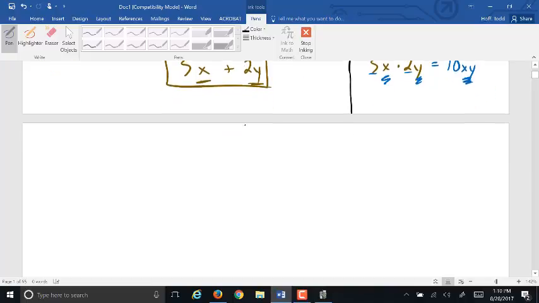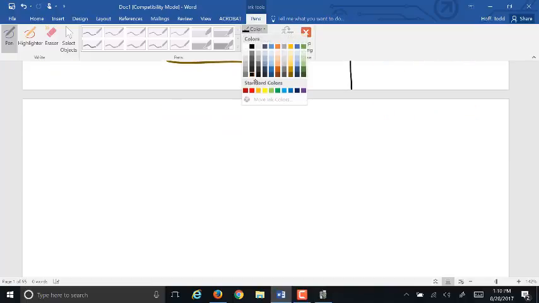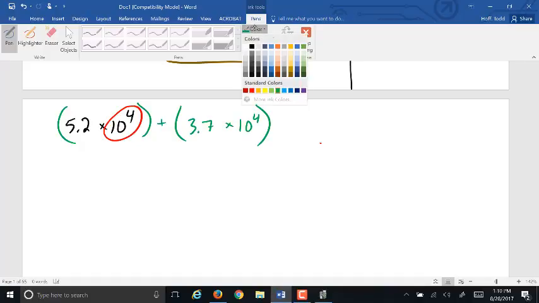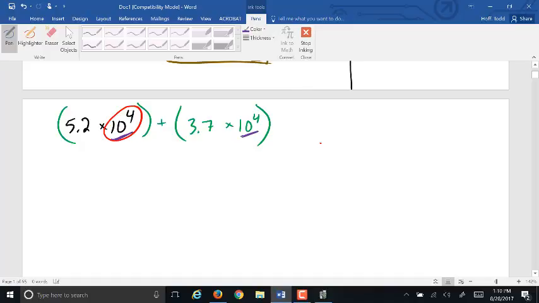Even if we got into scientific notation, you'd have the same thing going on. 5.2 times 10 to the fourth. Here the name is the 10 to the fourth, the power of 10. So if I were going to add numbers in scientific notation, I would have to have the same power of 10, 10 to the fourth and 10 to the fourth.